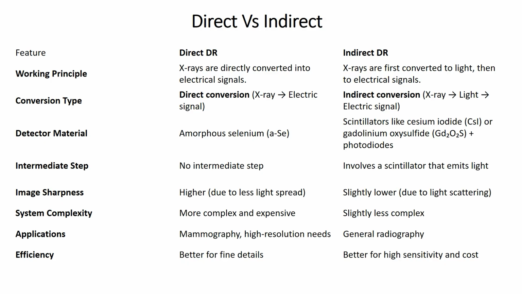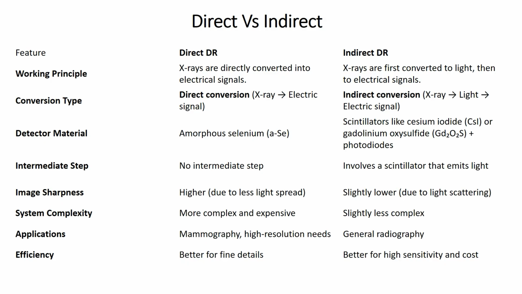Let us compare direct versus indirect digital radiography. In terms of working principle, in direct digital radiography X-rays are directly converted into an electrical signal, while in indirect digital radiography X-rays are first converted to light, then to an electrical signal.